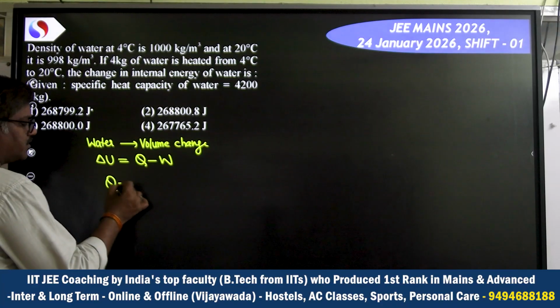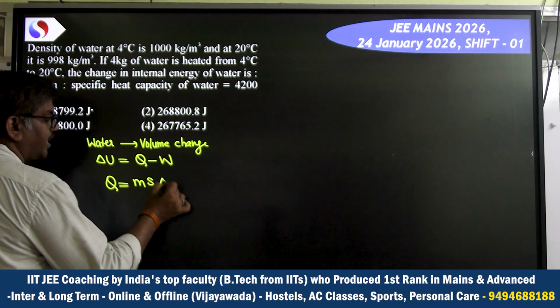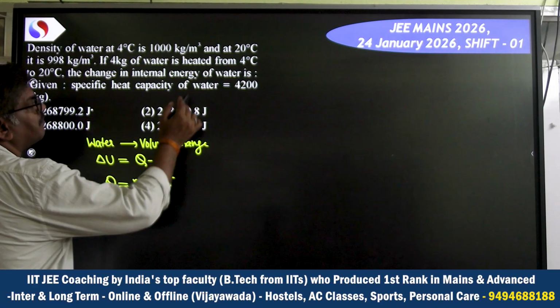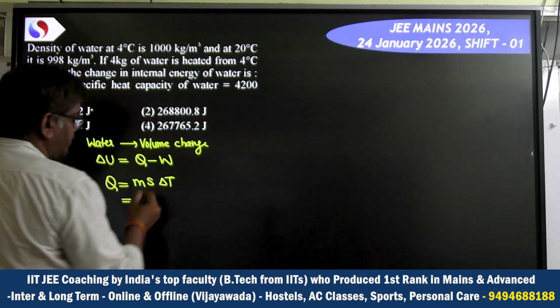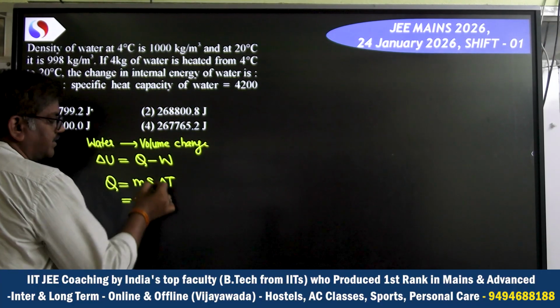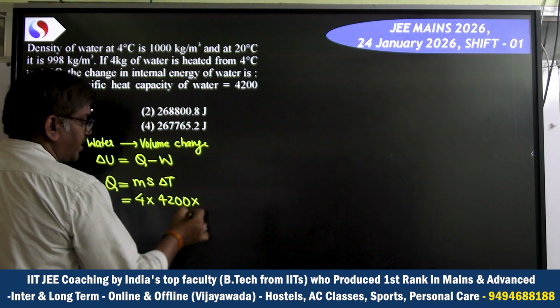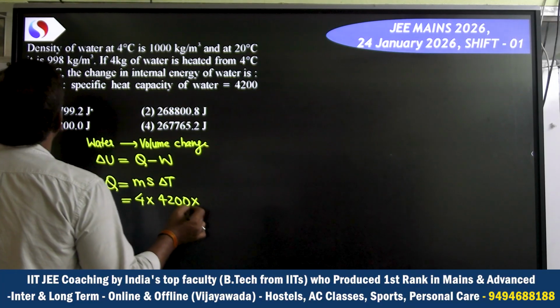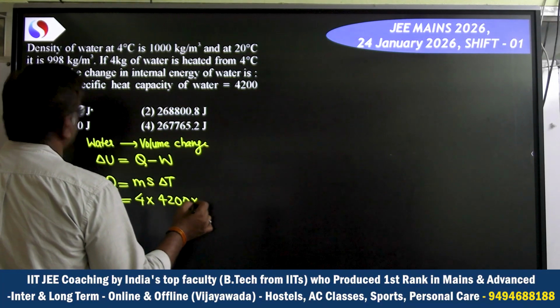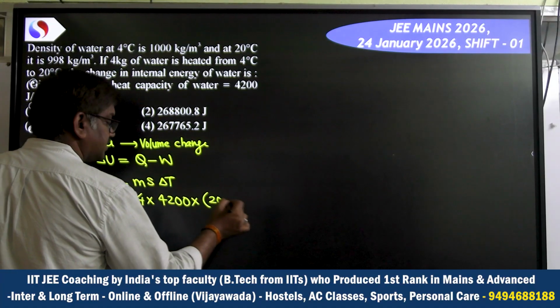So Q is MS into delta T. Now what is the mass given? Mass is given as 4 kg. In SI, the specific heat capacity of water is 4200, into delta T, from 4 degrees to 20. So 20 minus 4, that is 16.